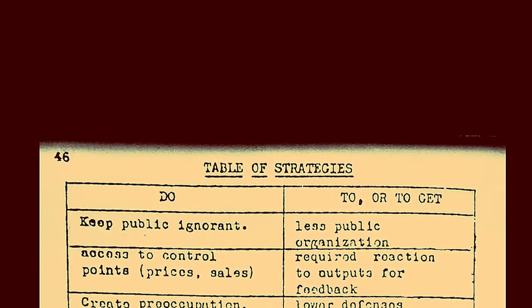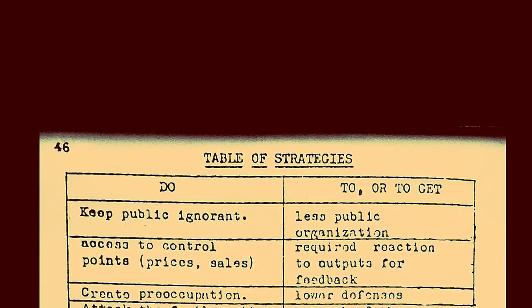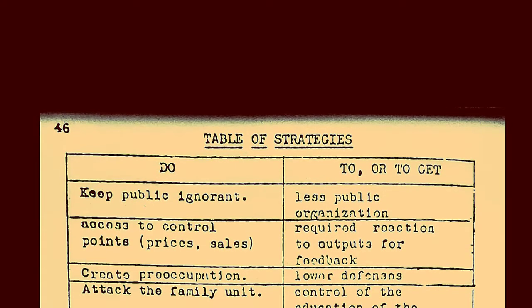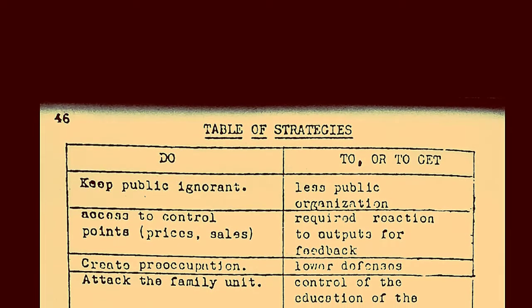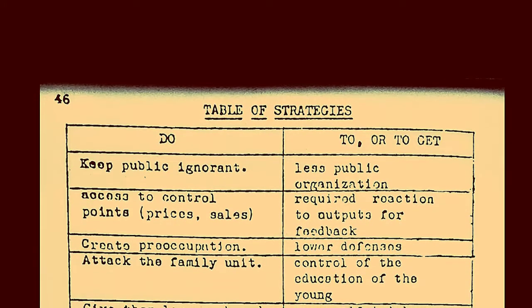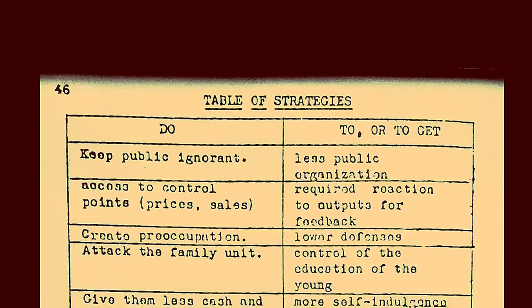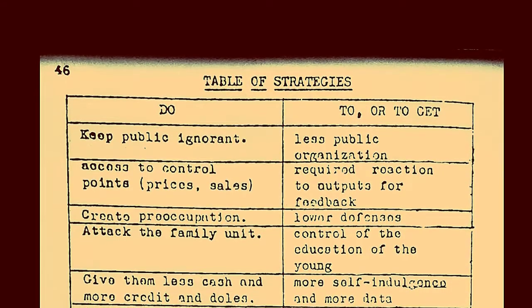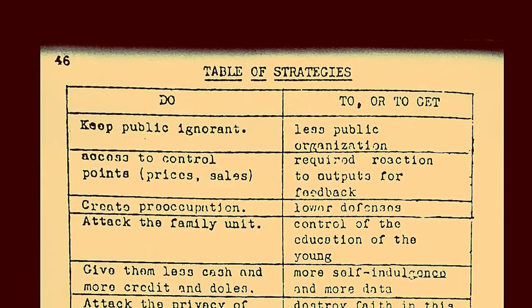Table of strategies. Do keep public ignorant to get less public organization. Do access to control points, prices, and sales to get required reaction to output for feedback. Do create preoccupation to lower defenses.